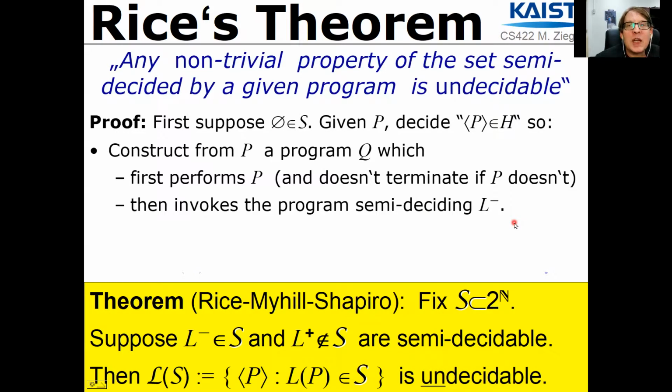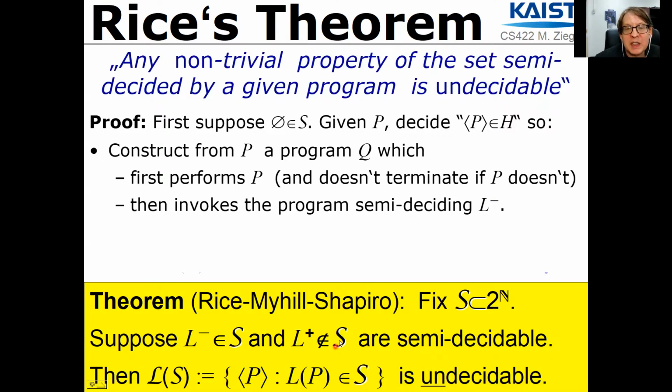Now let's look at the behavior of this new program. If the given program P terminates, then the new program Q will behave in the same way as the procedure semi-deciding L minus, which means the new program semi-decides L minus.